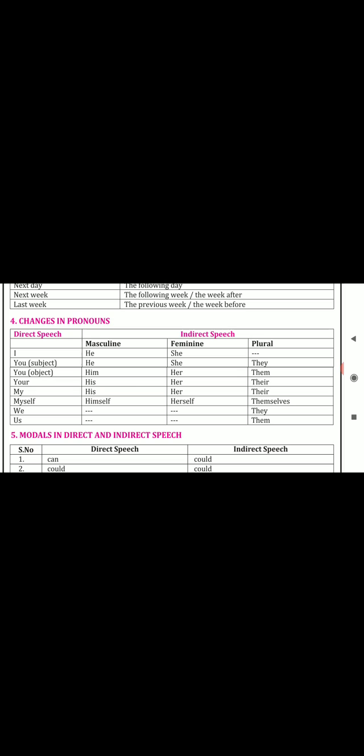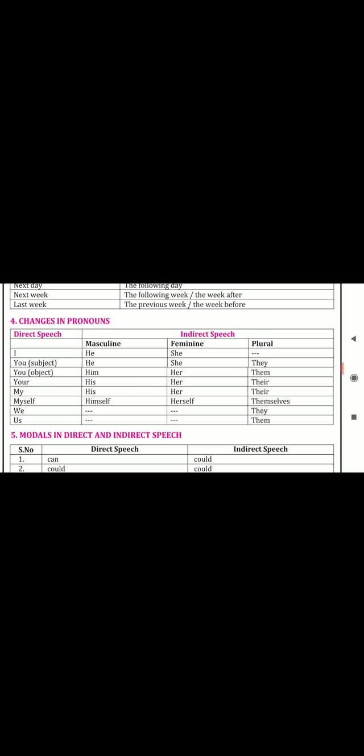If feminine, her. If plural, their. And then my, if masculine, becomes his. If feminine, her. If plural subject, their. And then myself, if masculine, himself. If feminine, herself. If plural, themselves.